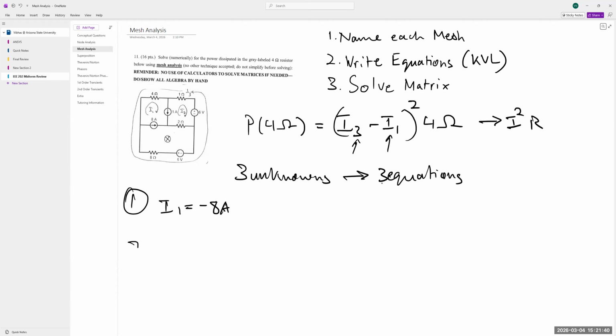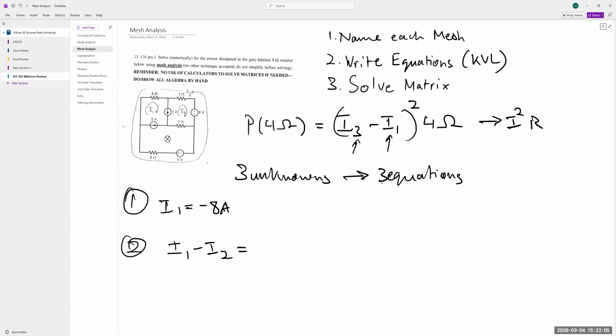I2, let's see what we can gather from I2. We know that I1 is going this way, I2 is going this way, and this current source is giving us enough information to know the relationship between both of them. It seems like the difference between I1 and I2 is 1 amp. And I1's winning in this case because I1 is more than I2.